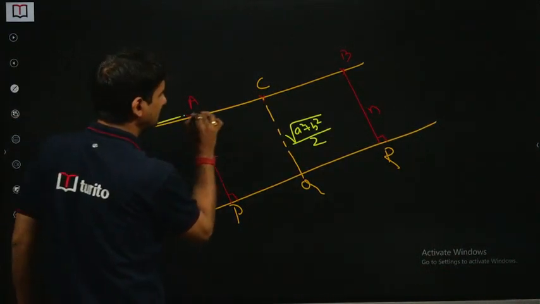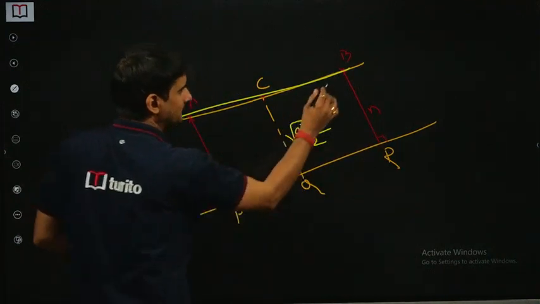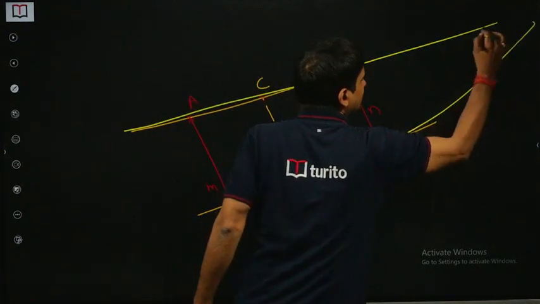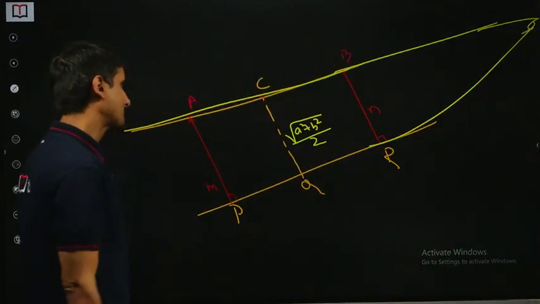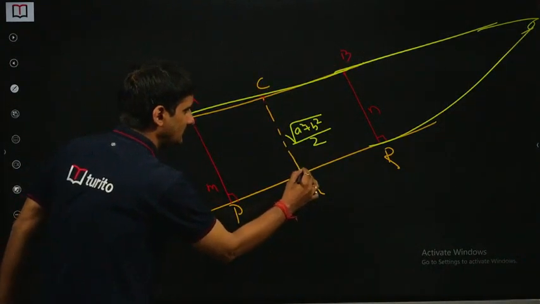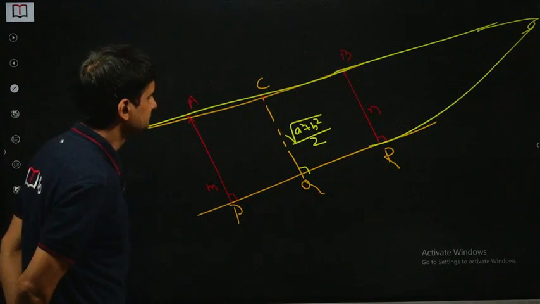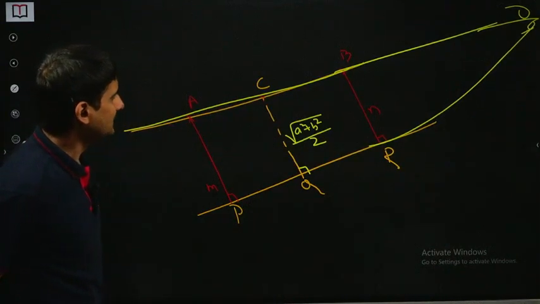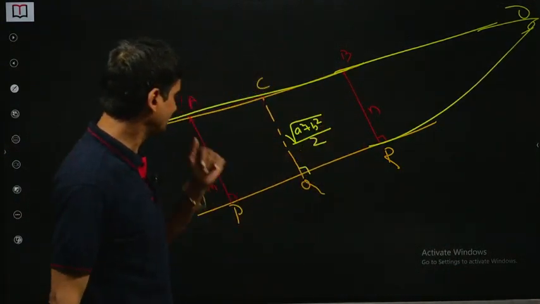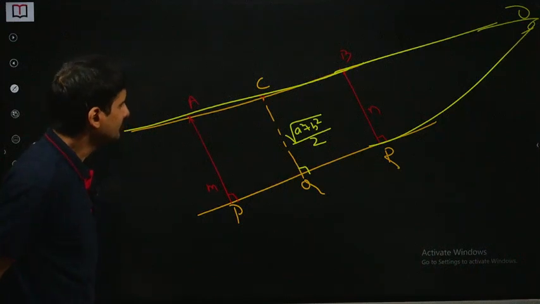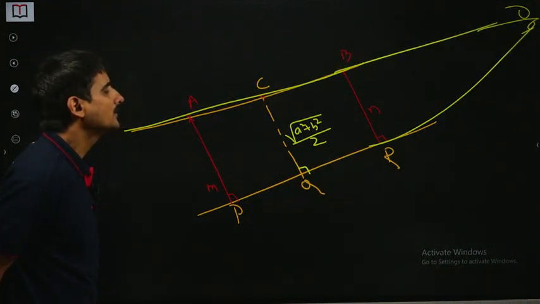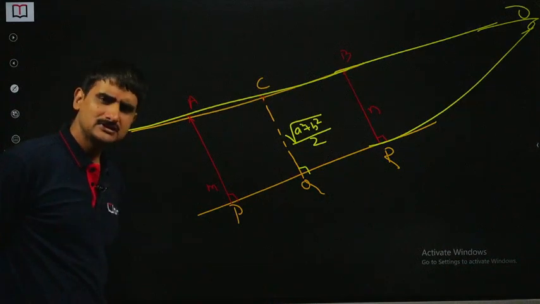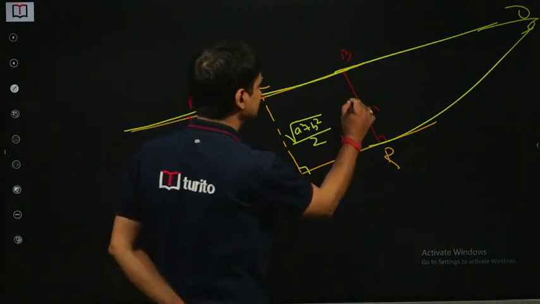Okay, so let me think on it, because the figure didn't turn out that well. If they meet somewhere here, they are all perpendicular. Let's say this is O. Then triangle ORB is similar to triangle OQC. Similarly, ORB is similar to OPA. And these three lines are parallel also, no?